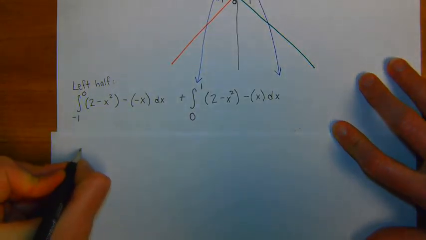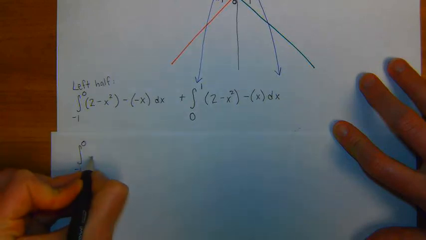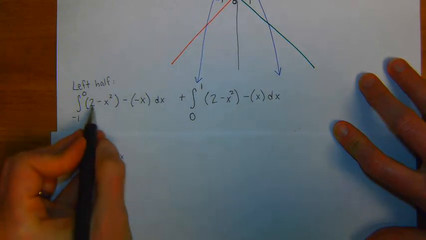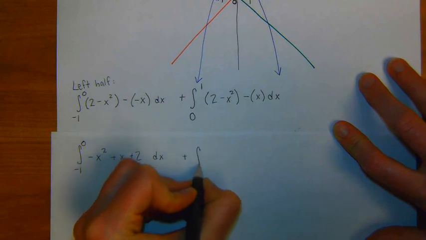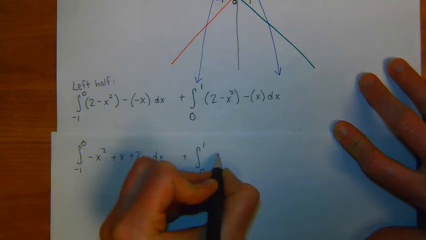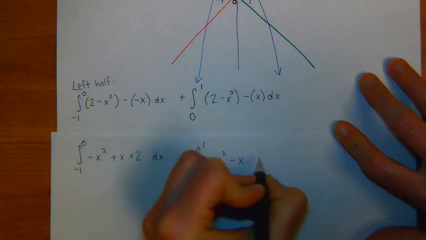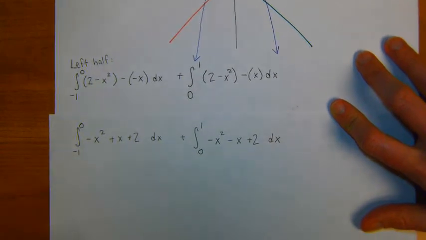So in this case, we're looking at the integral from -1 to 0 of -x squared minus a -x, which is plus x plus 2 dx, plus the integral from 0 to 1 of -x squared minus x plus 2 dx. I'm going to integrate using power rule.